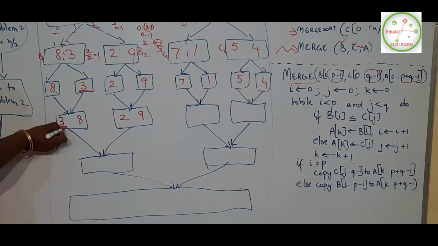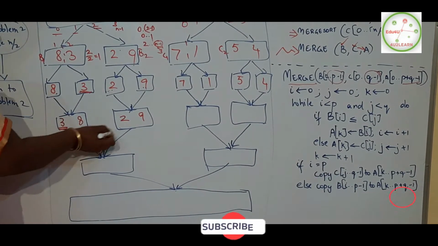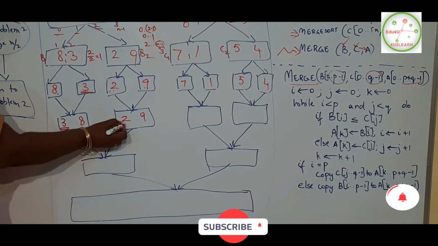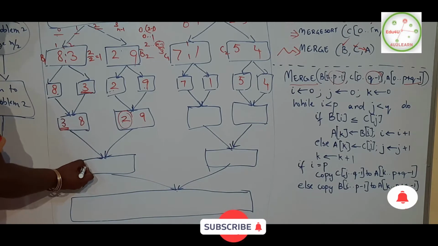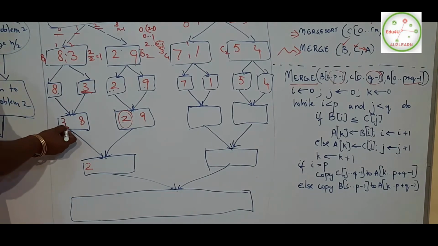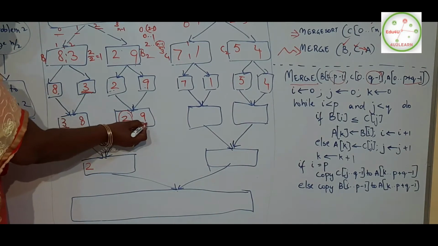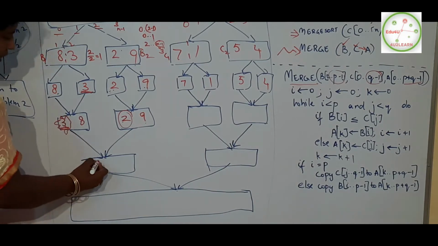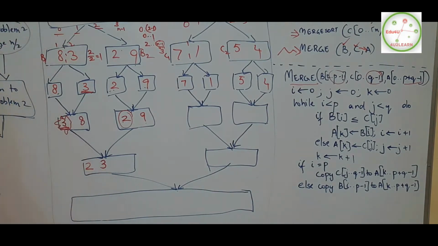We will take the first element here and compare it with the first element of this particular set. What happens? We find 2 is the smallest element, so we add it to the new array. Now comparing this element with this element, we find that 3 is the next smallest element, so we add it to the array.